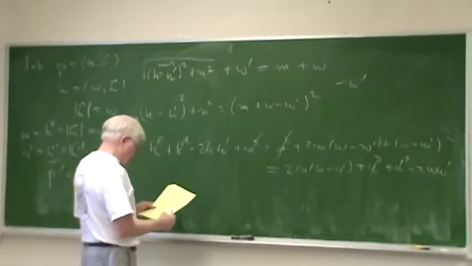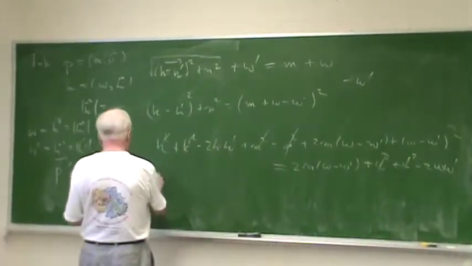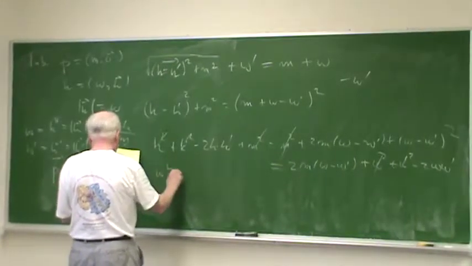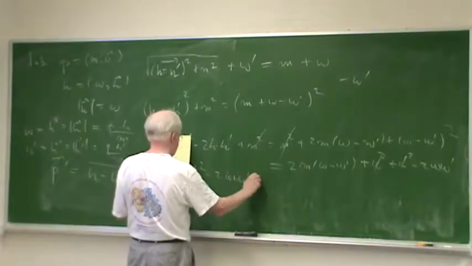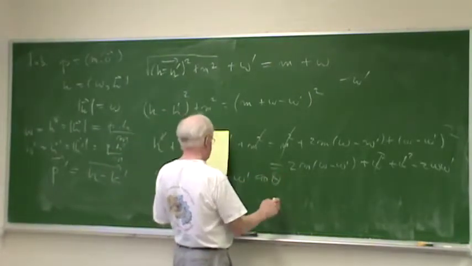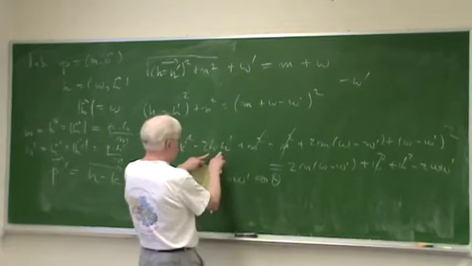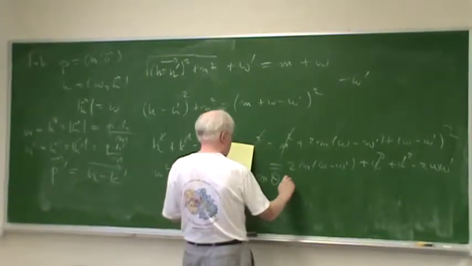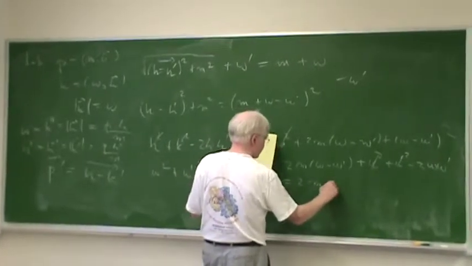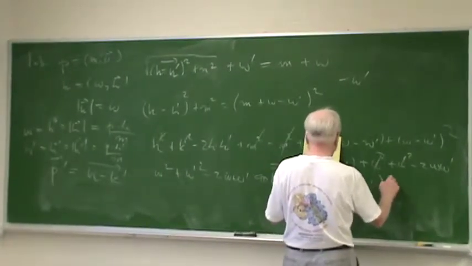So altogether, we have omega squared plus omega prime squared minus 2 omega omega prime cosine of the scattering angle, because this is just omega omega prime cosine theta, equals 2m times omega minus omega prime.